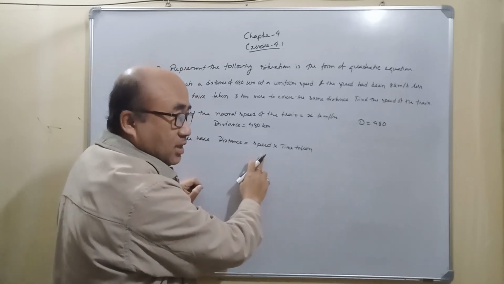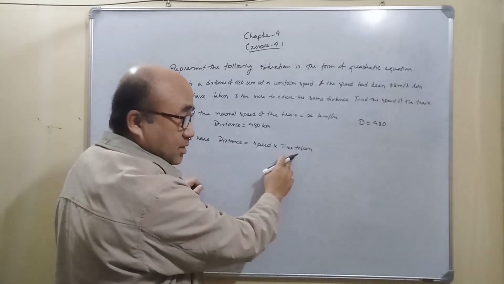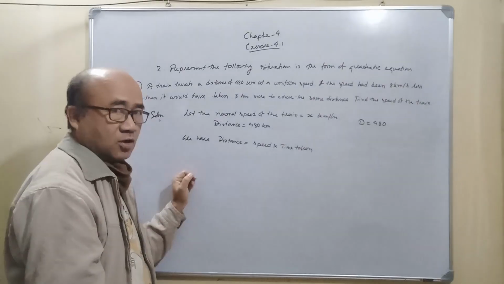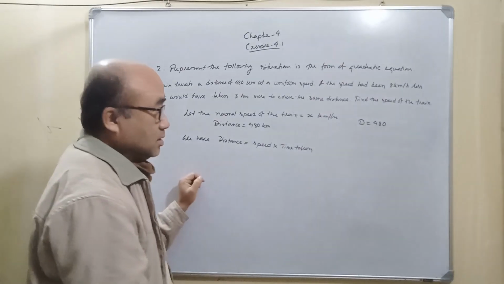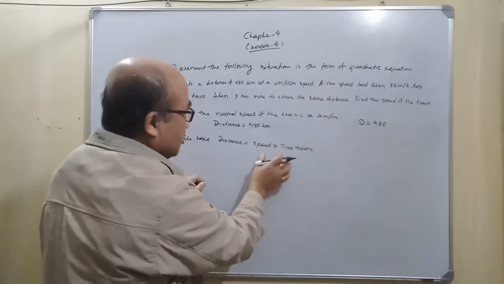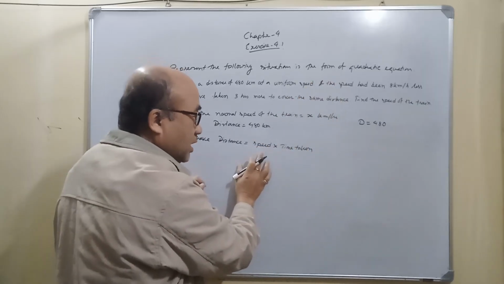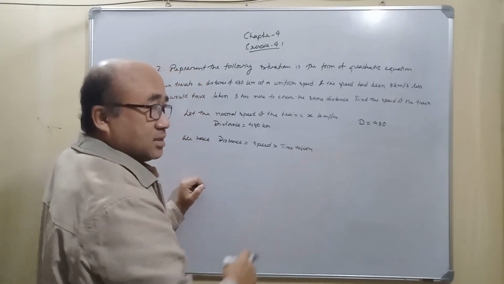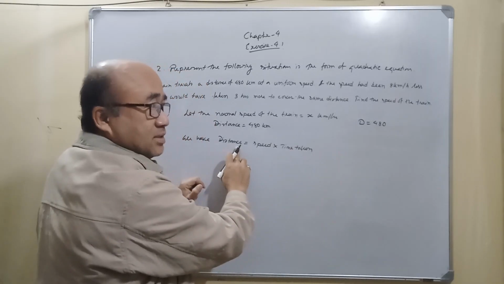What is my speed? How much time have I taken? Multiply them together, then you will get the distance I have covered, for any object. If the speed is uniform, then you multiply the speed with total time taken to cover a distance, then you get the distance.